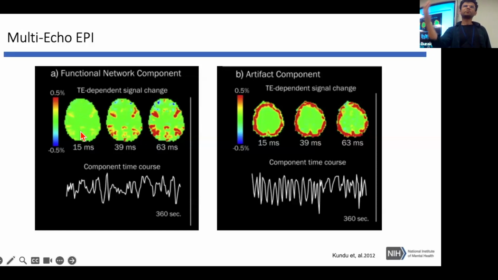So instead of acquiring one echo time, we acquire multiple echo times, and then we see whether this activity depends on that. If it is an artifact that is not BOLD related, not echo time dependent, then you don't see much difference across different contrasts. In the next course we'll go through this in detail. This is called multi-echo EPI.